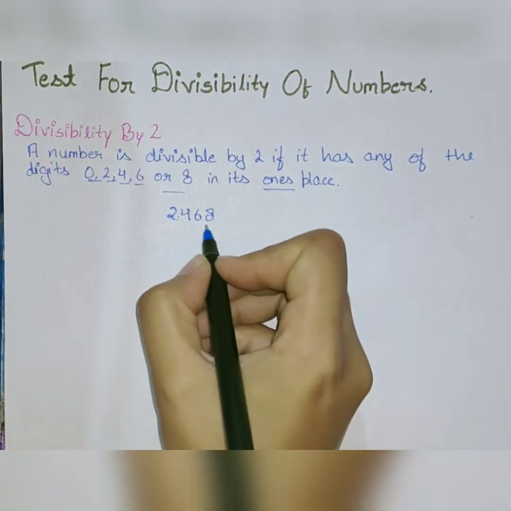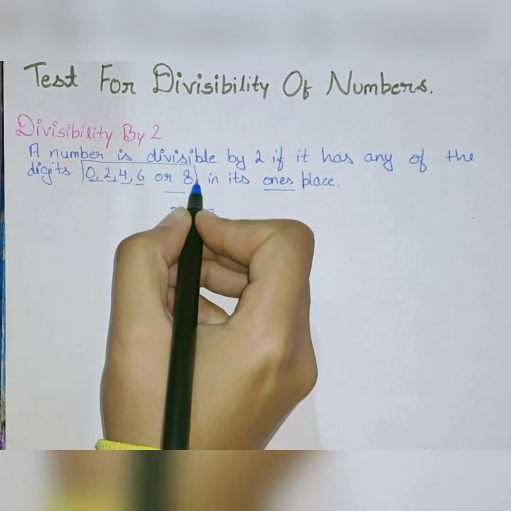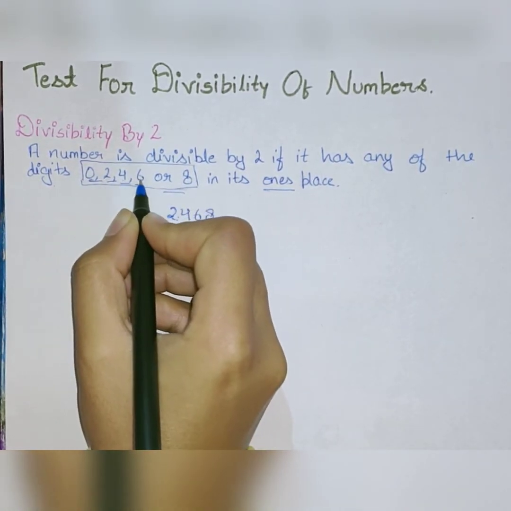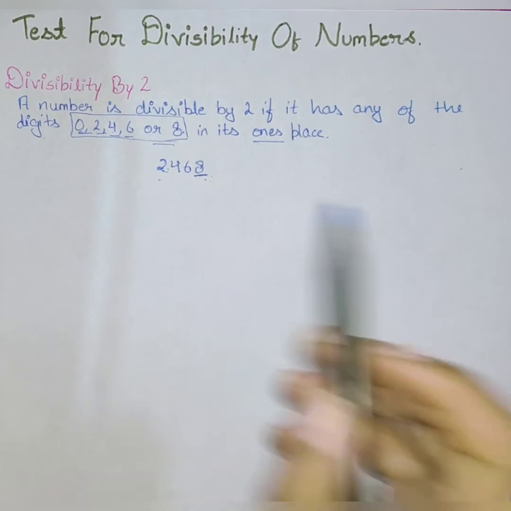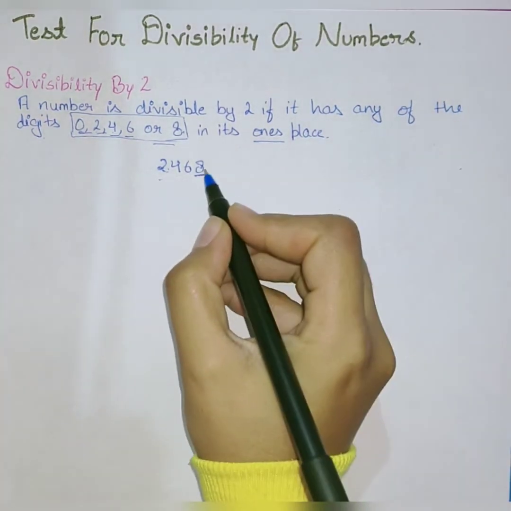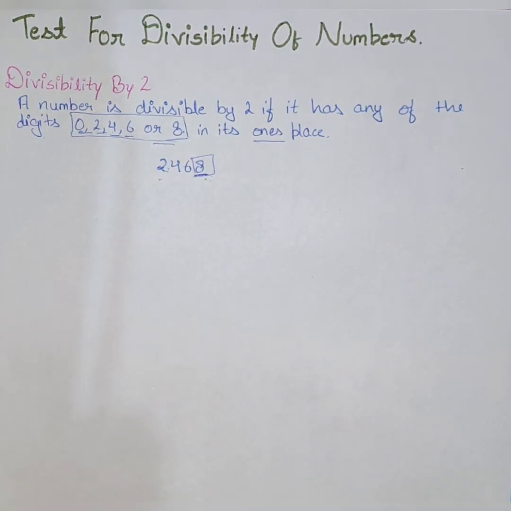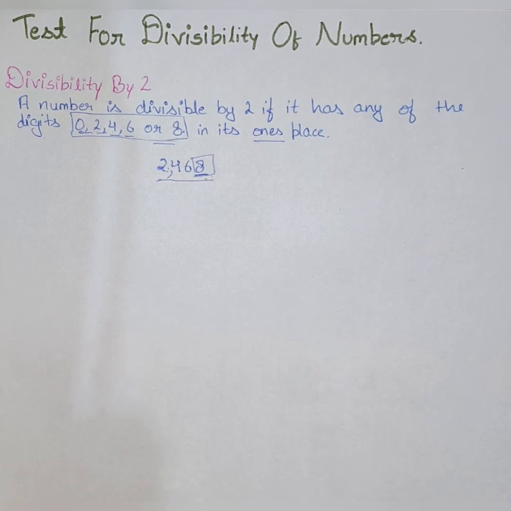You will see its ones place. If it has any of the digits 0, 2, 4, 6 or 8, the number will be divisible by 2. Here the digit at the unit place is 8, so our number 2468 is divisible by 2.